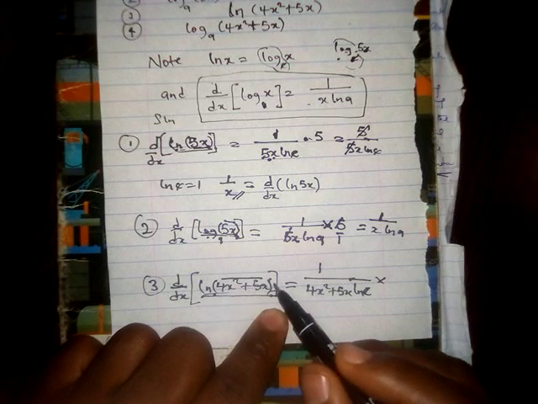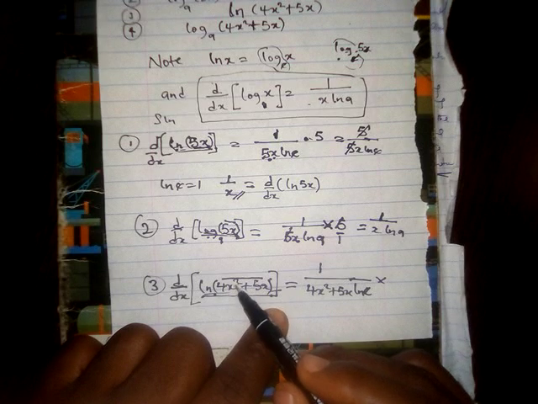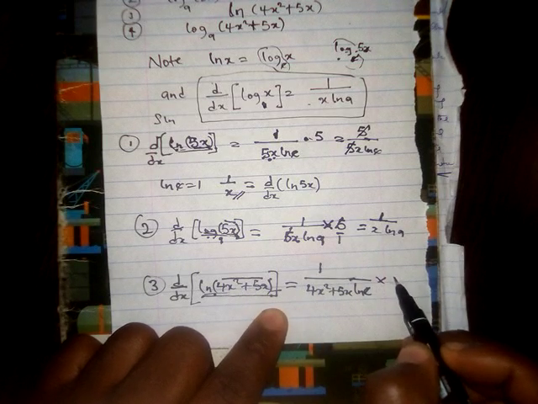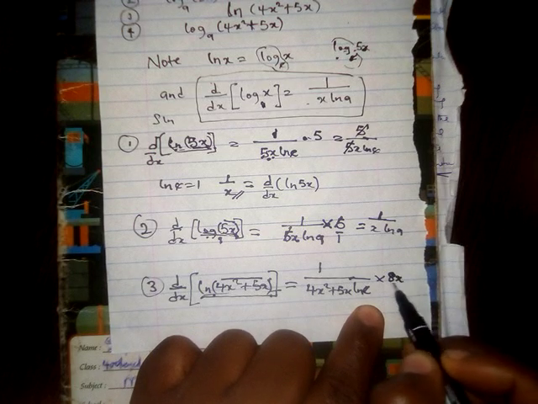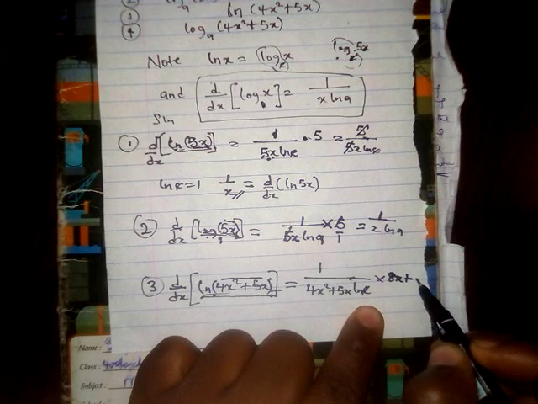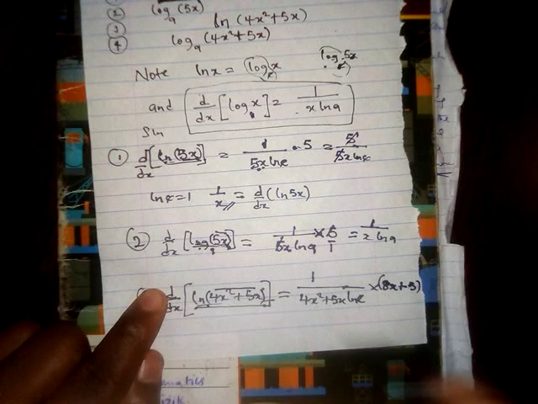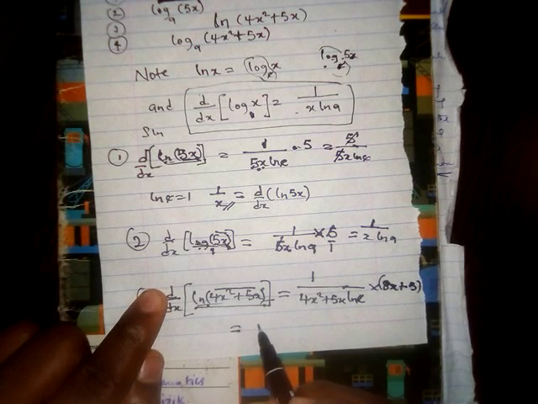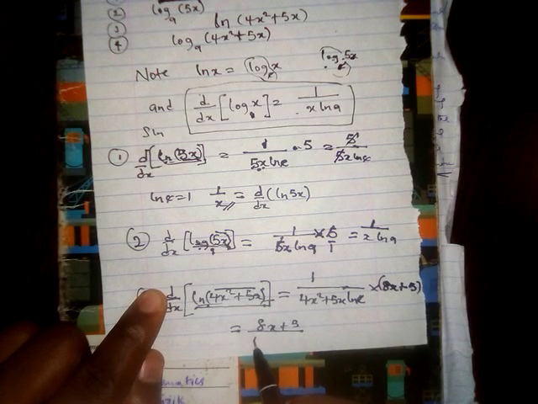This is a polynomial, so differentiating this, you have 2 times 4, this will give us 8x, 2 minus 1 is 1, plus, if you differentiate 5x, you have 5, so this will be equal to 8x plus 5 all over 4x squared plus 5x.